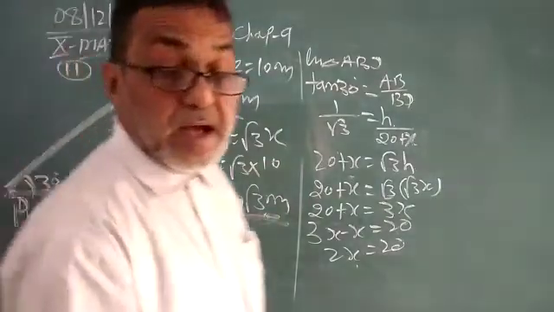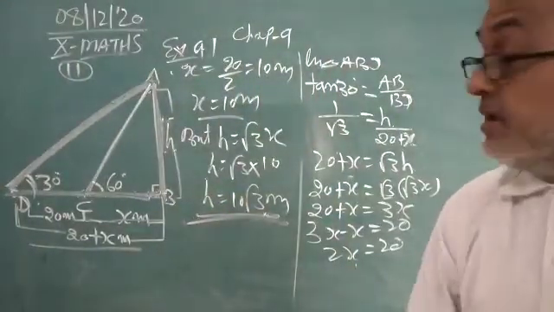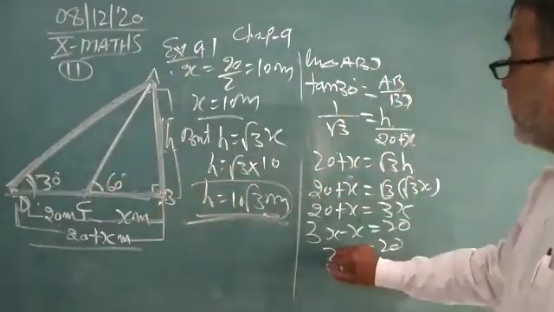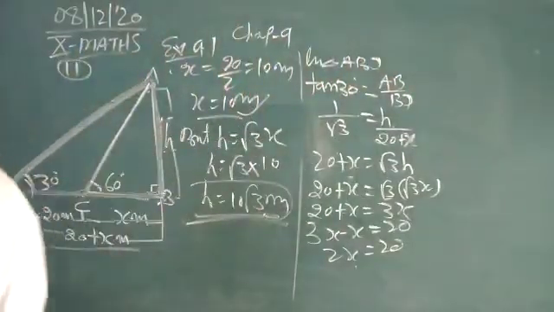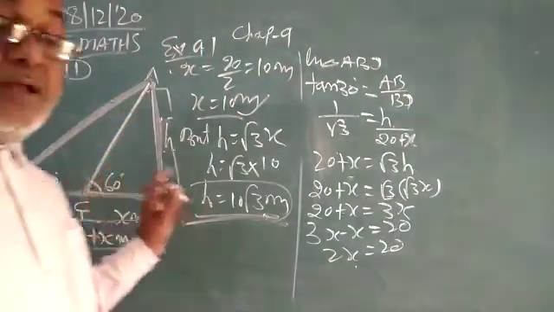Thus the height of this TV tower is 10 root 3 meters and this distance is 10 meters. Okay, so by this example we understand the height of the tower and the distance.